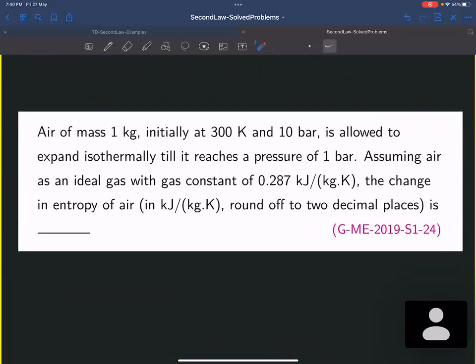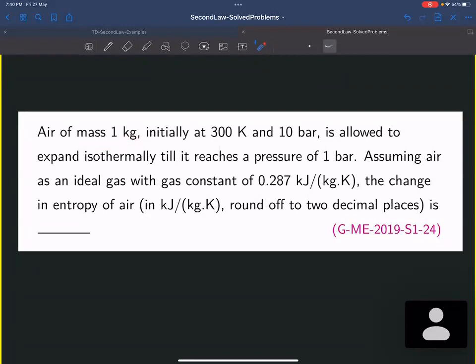So air of mass 1 kg. In our chemical engineering problems, they normally give the data in terms of mole, with the value of R as 8.314 joule per mole Kelvin, whereas in mechanical and other branches, they give the data in terms of mass. This also appeared in mechanical engineering, but otherwise also we should be in a position to solve any kind of problem.